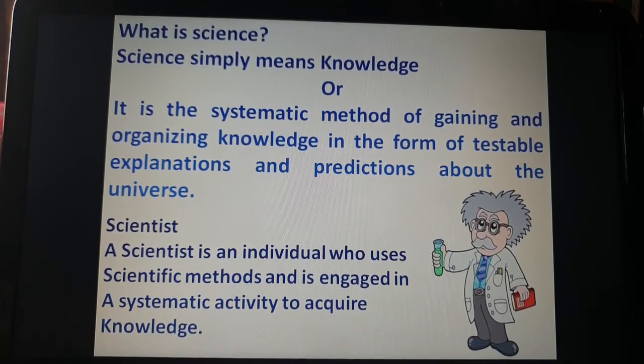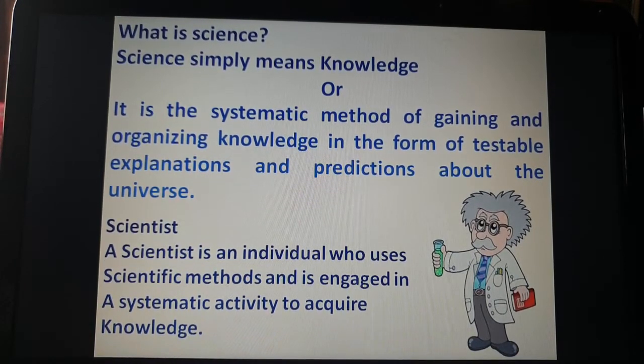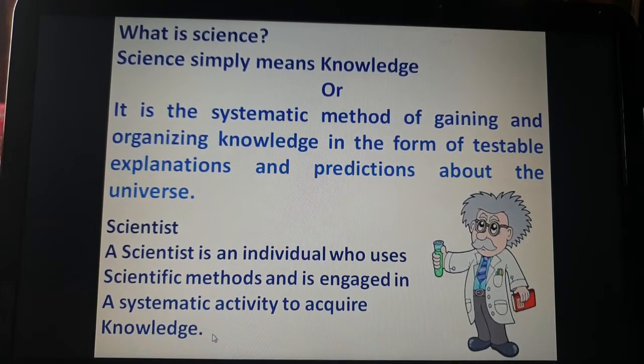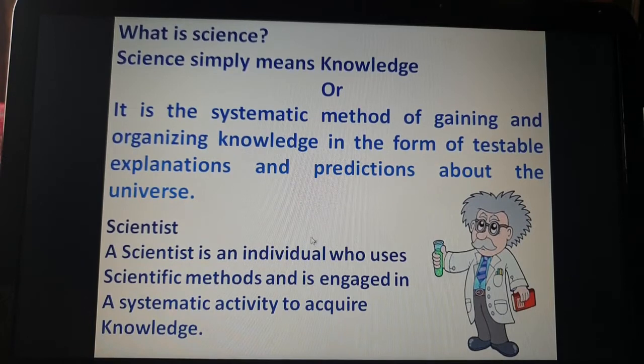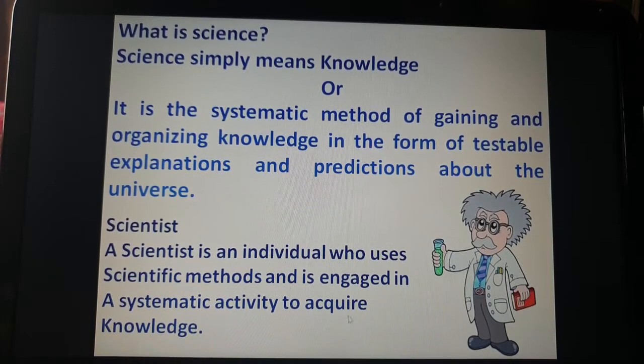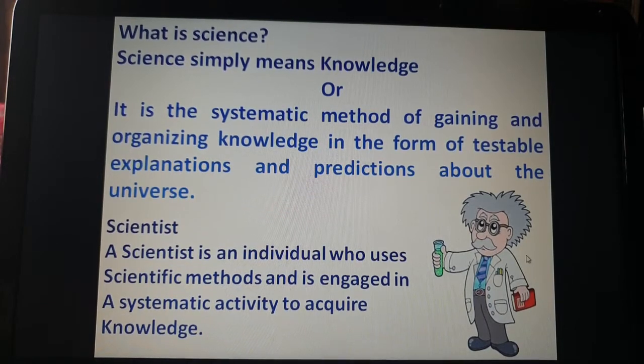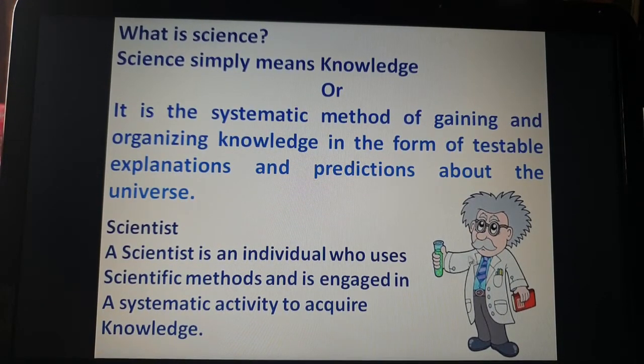He uses a scientific method and always engages in scientific activity. It means he keeps on doing experiments and at last he may get a final result. So he is a person who gives us all the predictions and knowledge whatever we are studying today.